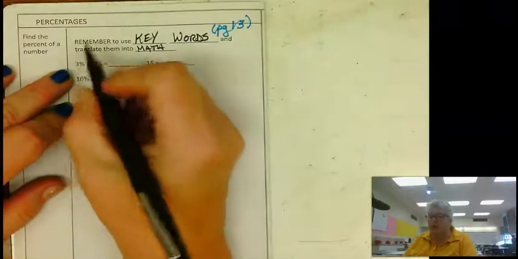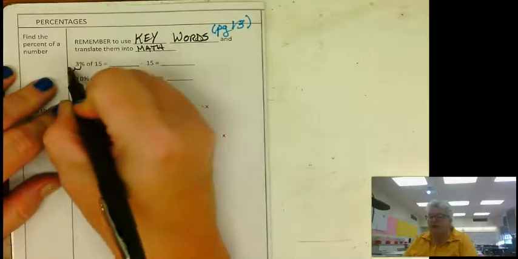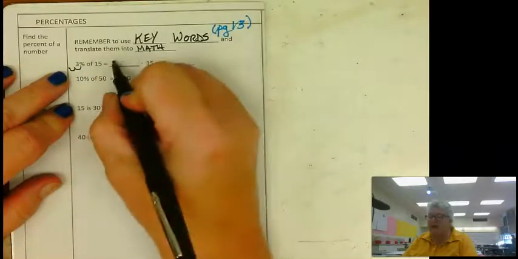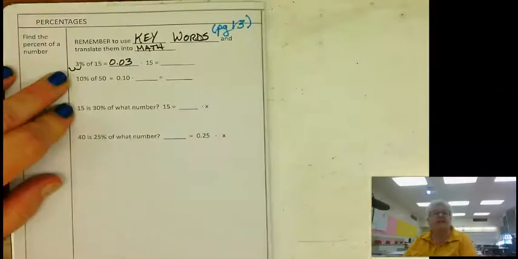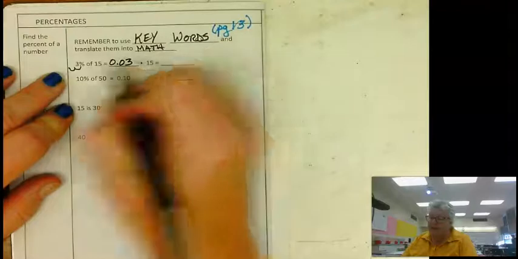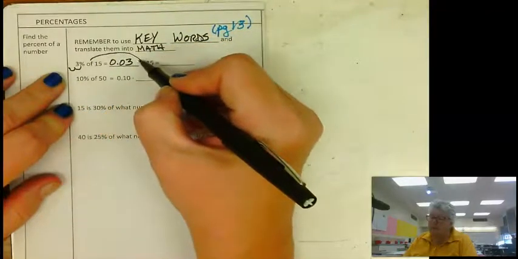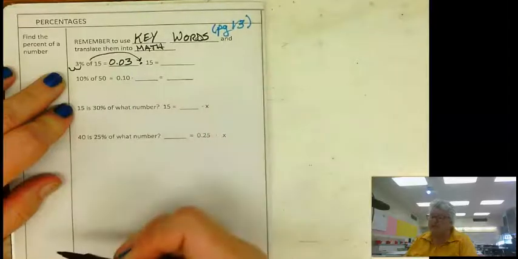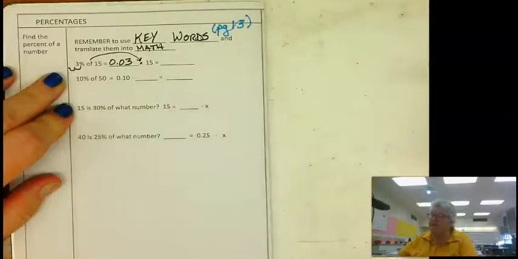So remember, from our last video, we move it 2 times to the left. So now we have that's how we do 3% as a decimal, times, because the word of means times. 3% of 15 equals something.